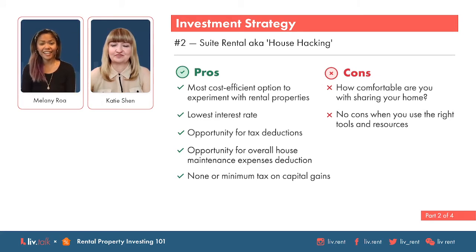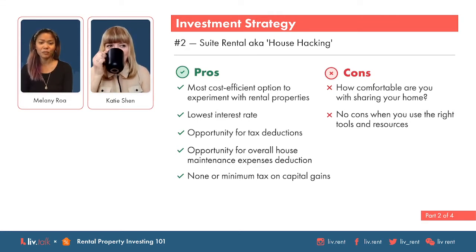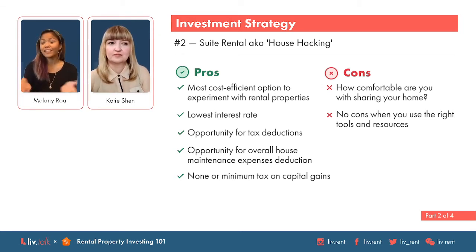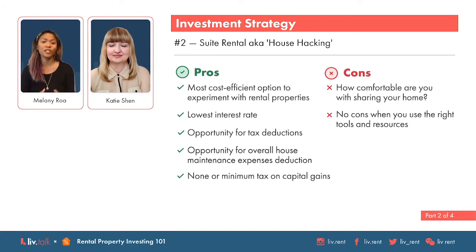And at liv.rent, again, it is a valuable tool for this strategy, because if you're renting out your basement suite or an extra bedroom, then you probably want to make sure that you like this person and that they're trustworthy, hopefully. So our automated tenant screening tools and processes come in really handy here. We do have suggested tenants.